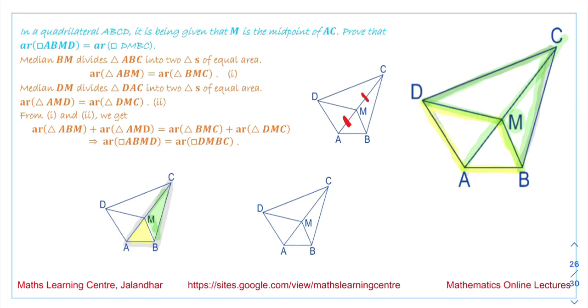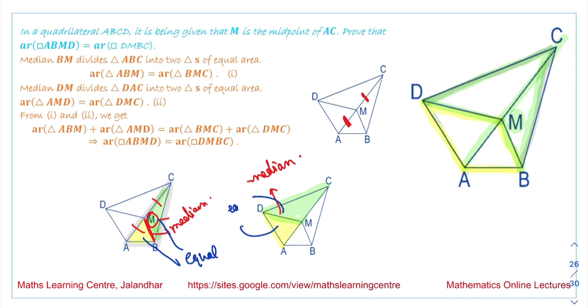Because M is the midpoint over here, these two lengths are equal, so MB is the median. Similarly, this DM is the median over here. So what we get is that the area of this portion DMA and the area of this portion DMC are equal. We are saying these two areas are equal.